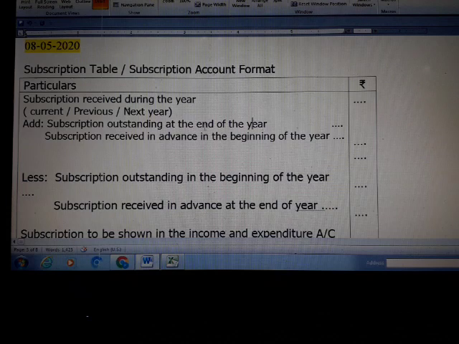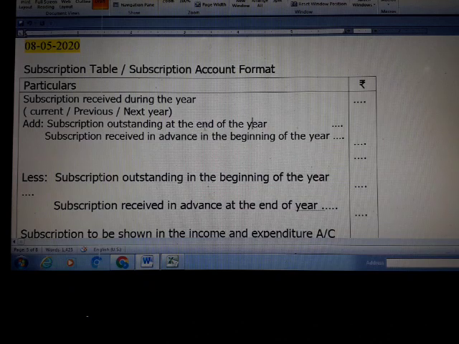Followed by that, if you have received any subscription as an advance, not in the present year 2019-20 but in the year prior to it, that is 2018-19, then that advance subscription needs to be added to the total subscription.